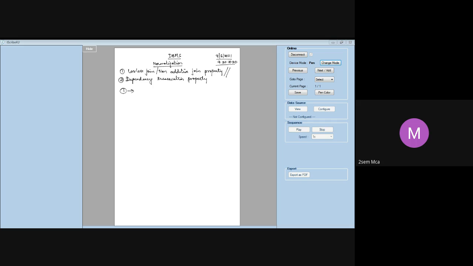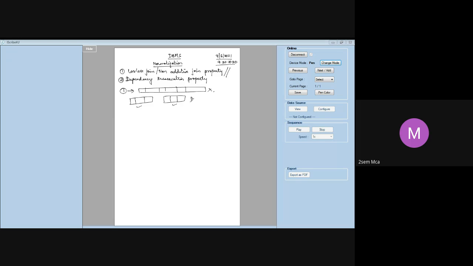Now this lossless join means it should guarantee that, see, we are taking a particular table. A table may have a lot of attributes. You try to check it for normalization. This table itself is not in the normal form. So I try to break it up into two different tables, and then I check each for normalization. These two are normalized separately, but they may not be normalized when you consider everything together.